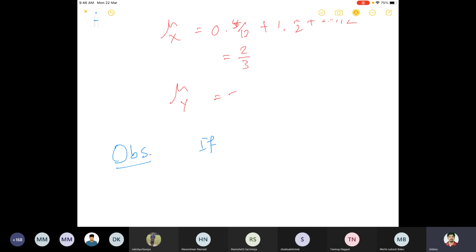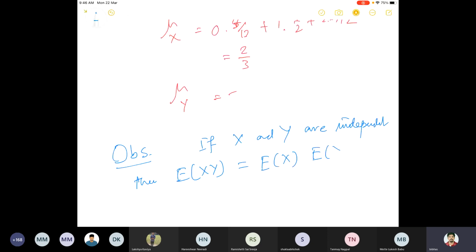that if the random variables x and y are independent, then E of the product xy, the expectation of this, is exactly equal to the product of the expectations.